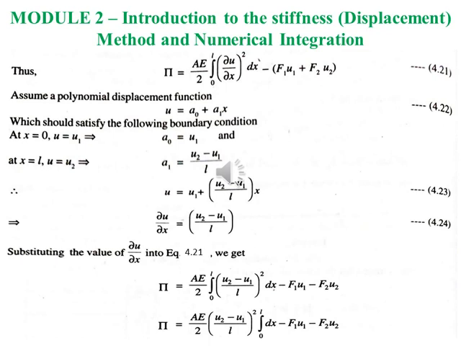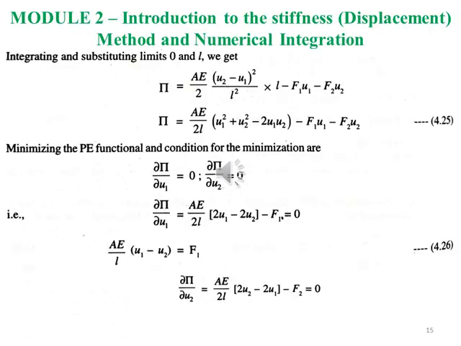Integrating and substituting the values of 0 and L, we get potential energy is equal to AE by 2 (U2 minus U1) whole square by L into L minus F1 U1 minus F2 U2, or potential energy is equal to AE divided by 2L into (U1 square plus U2 square minus 2 U1 U2) minus F1 U1 minus F2 U2.